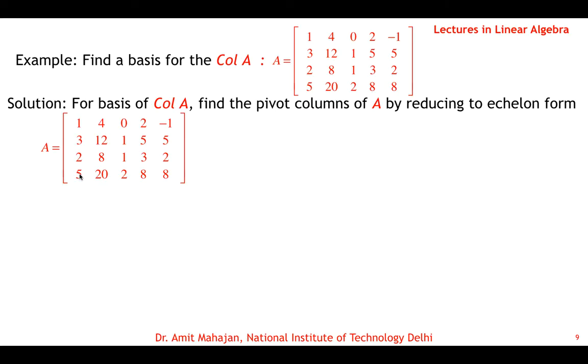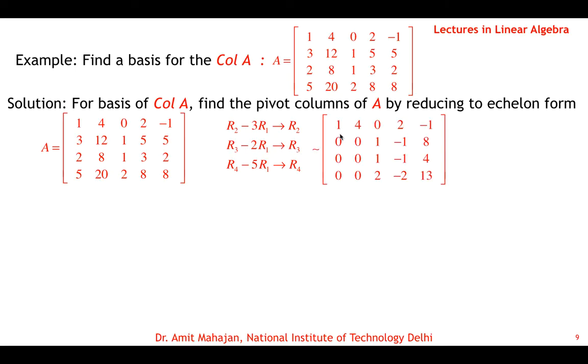And for the last element, apply row 4 minus 5 times row 1, so 5 minus 5 becomes 0. So apply 3 row operations, and it will immediately make the elements in the first column 0 below the first element. And all the elements in the second, third and fourth rows will change due to these operations.